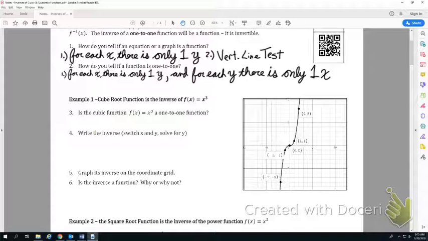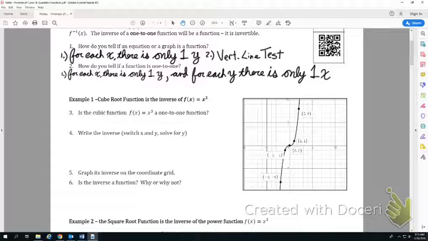Okay, so if you had the points 2, 8, and 3, 8 within whatever function or equation it may be, that would be a function. The points 2, 8, and 3, 8 would not be a one-to-one because the y value 8 has two different x values, 2 and 3. So that would be considered a function, but it would not be considered a one-to-one function.